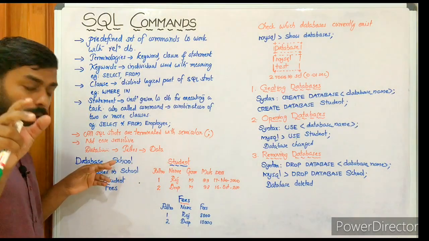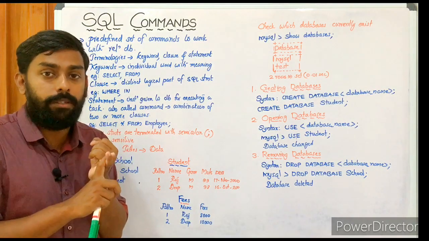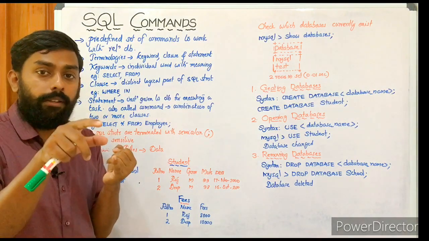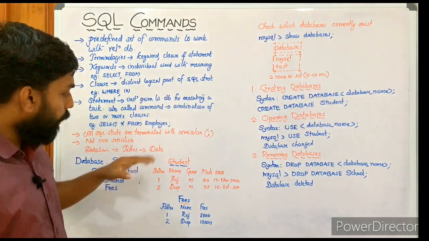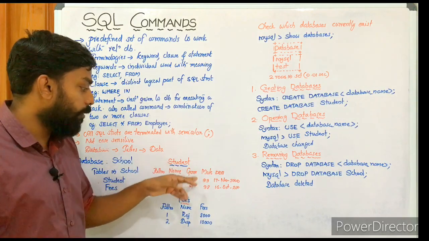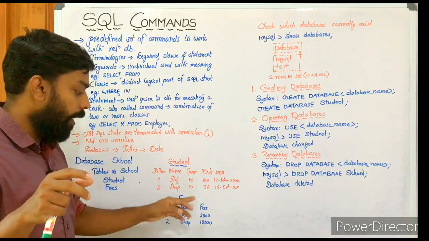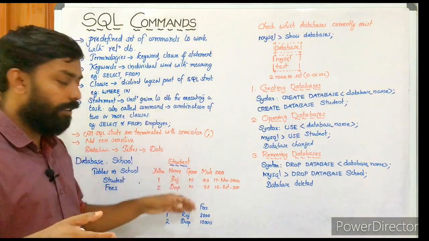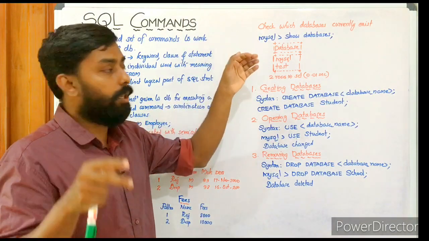First we are creating the database school, and then we are creating two tables, student and fees. Here is a sample table, student, with roll number, name, gender, marks and date of birth as columns or attributes, and fees with roll number, name and fees as attributes. It's simply a table. Now let's move on to the actual implementation.